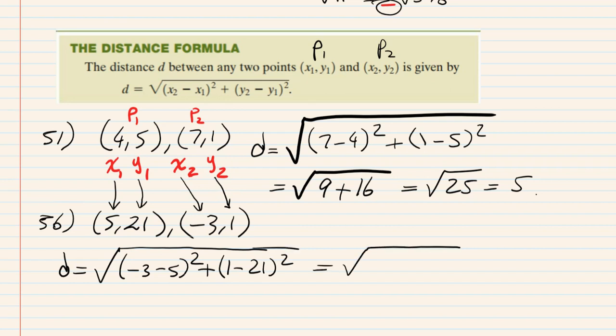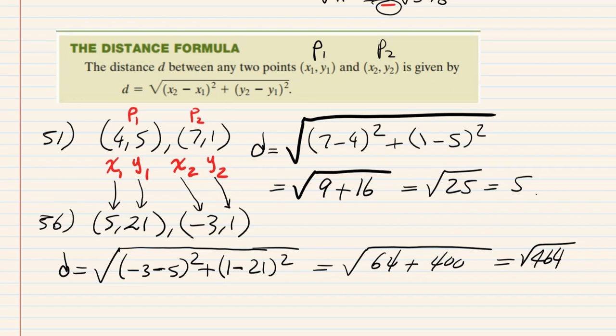That becomes negative 3 minus 5, that's negative 8, squared, which makes it 64. Plus 1 minus 21 is negative 20. You square a negative number, it becomes positive. 20 squared is 400. So the distance is the square root of 464. Now 464.